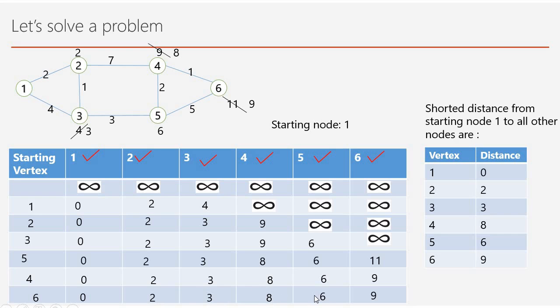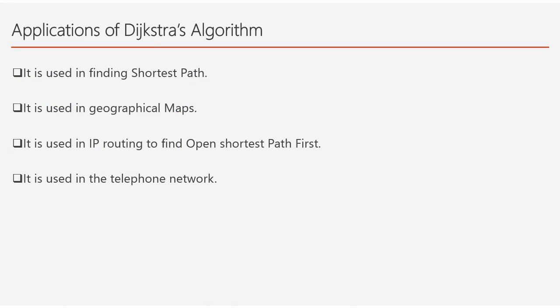To node 5, the distance is 6. And to node 6, the distance is 9. These are the minimal distances required to reach the corresponding vertex from node 1. So now let's see what the applications of Dijkstra's algorithm are.